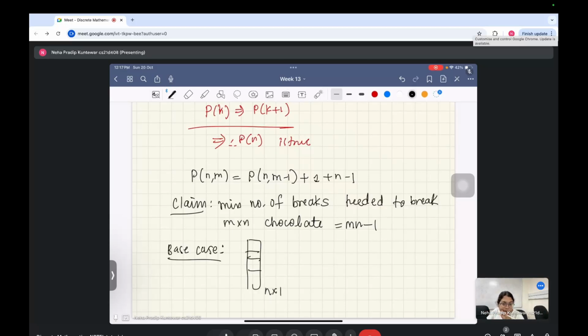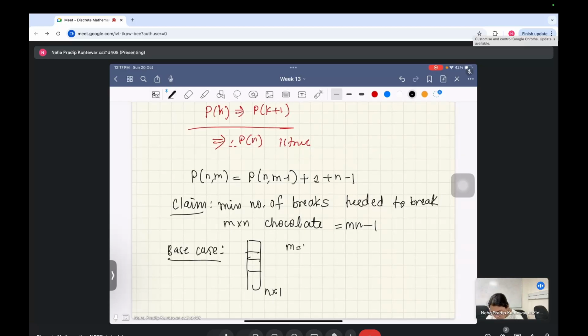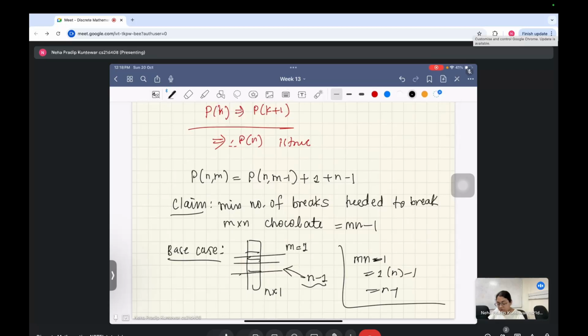So in this case m is 1, therefore the total number of breaks that I need to do is I'll have to break it across these lines. So that gives you n minus 1, and that fits into mn minus 1, which is 1 times n minus 1, which is n minus 1. So this is satisfied.